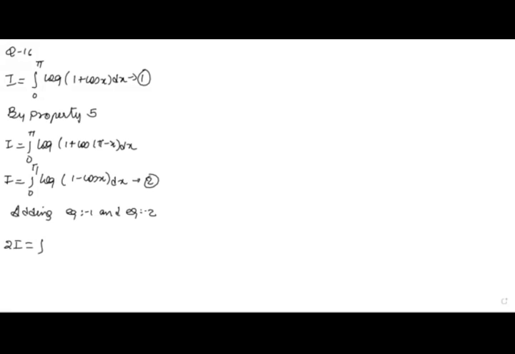2I is equal to the integral from 0 to pi of (log(1 plus cos x) plus log(1 minus cos x)) dx. I'm just taking the integration common as both of them have the same limits. Now applying the property of log, taking common log, and they are in addition, so they will multiply, dx. Right.